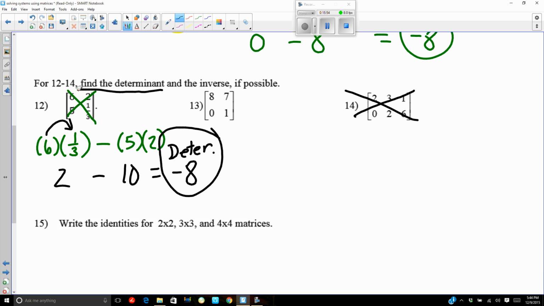So now we're going to find the inverse. If this is matrix A, we need to find A to the -1 power, which means A inverse. So we are going to use that formula, which is 1 over -8.